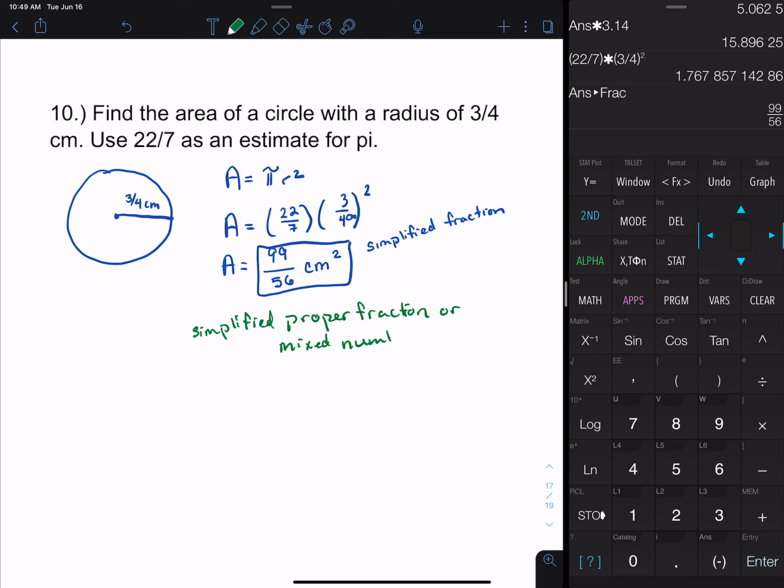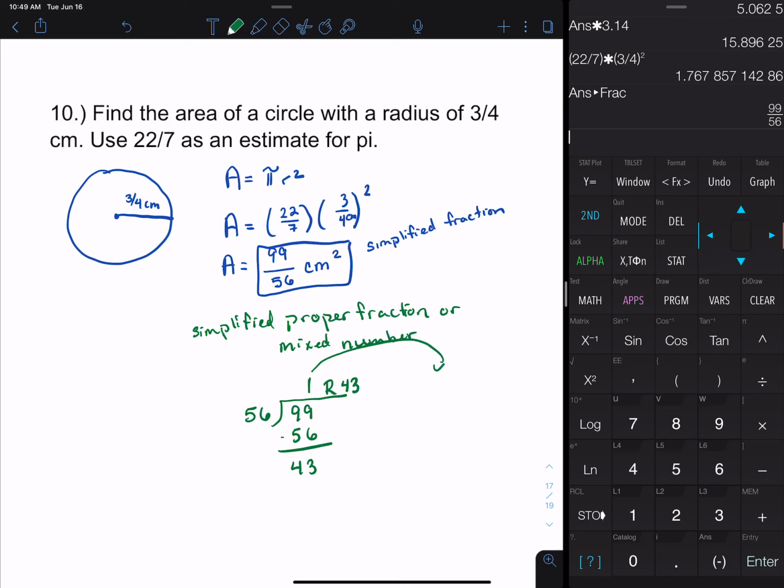So remember, this is improper because that 99 is bigger than that 56. So to turn it into a mixed number, I'm going to take that top number, the 99, put it inside my division, and divide it by 56. So I know 56 goes into 99 one time, and when I subtract, I have a remainder of 43.